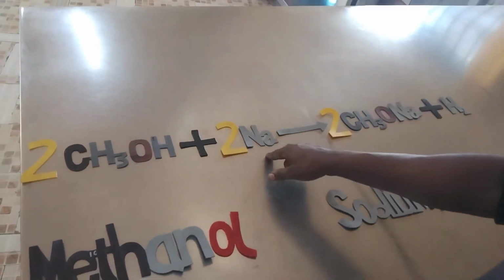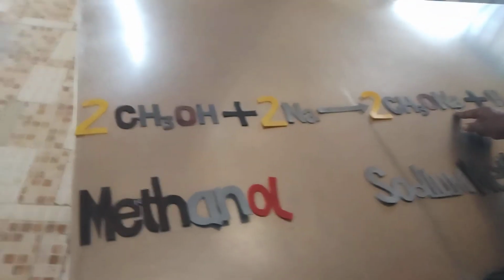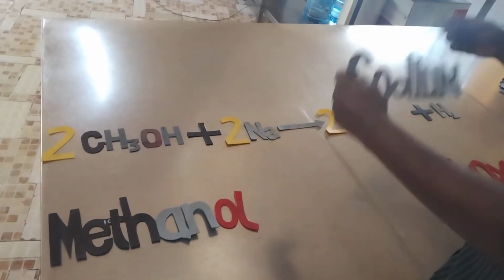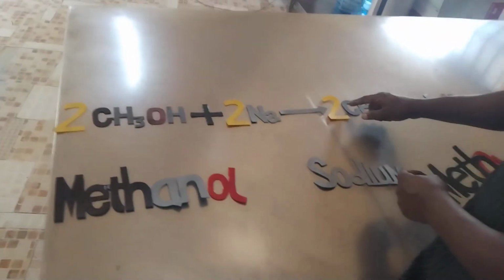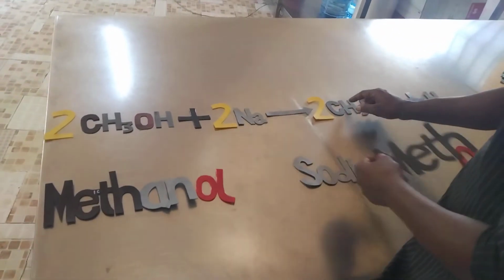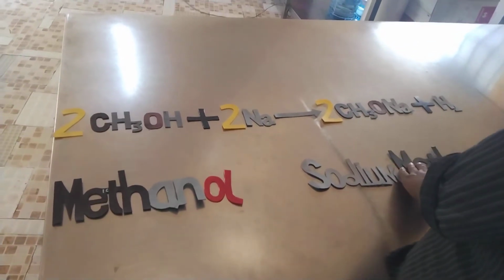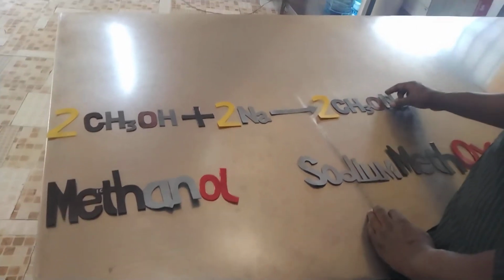So this is a balanced reaction between methanol and sodium metal to produce this molecule here called sodium meth, because it is coming from methanol, one carbon, meaning that the alcohol had one carbon atom, oxide, because of this oxygen atom here.